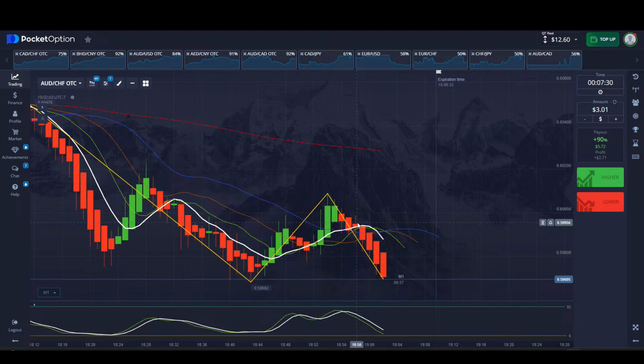Okay, and if you're going to do OTC, you have to remember that the broker can manipulate the movement and direction of these candles at any moment and any time. So doing OTC is a little bit riskier.